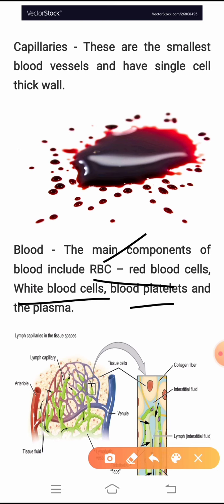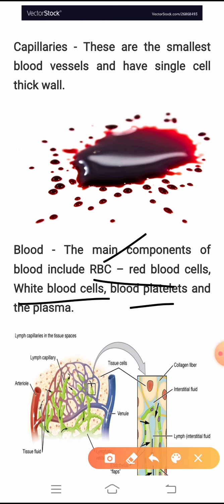If it is not getting stopped, what happens? The blood continuously moves out of the body. As a result, the person loses a large amount of blood and will fall into fatigue. Right? So to avoid this loss, there is the presence of platelets.